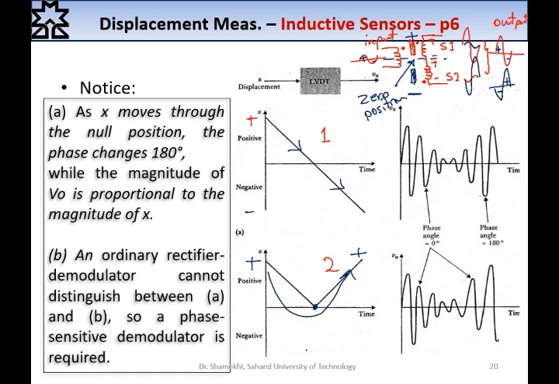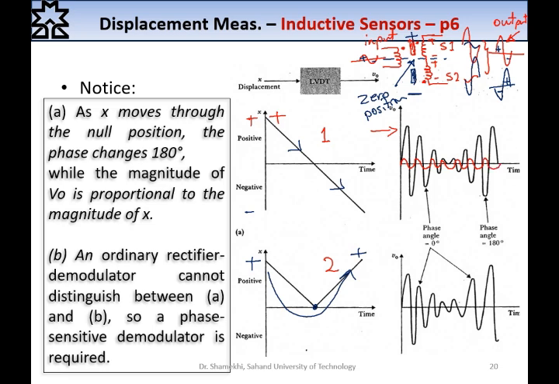As you can see in situation 1, we have a strong output from the beginning position and a large output here. And this is the signal of the excitation.